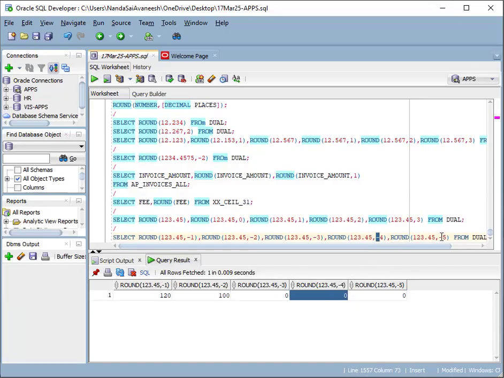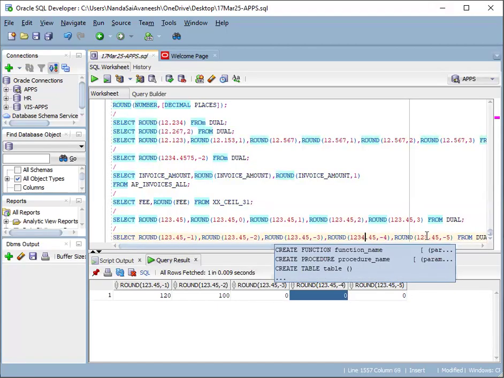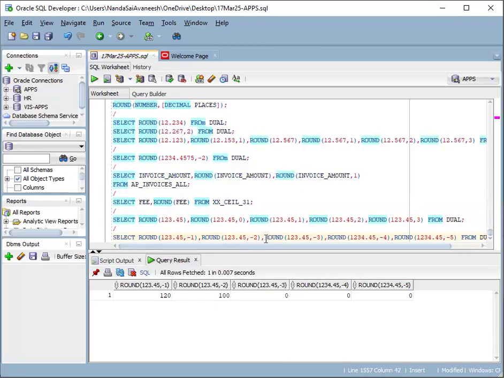Same way here also. Suppose it has 4 digits, then also it makes them 0. Minus 4 means ones, tens, hundreds, thousands.